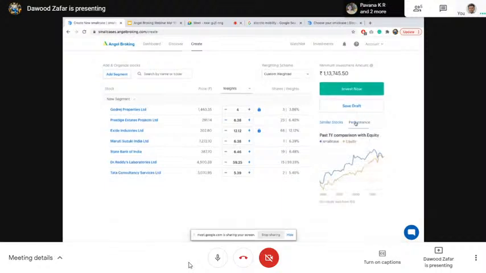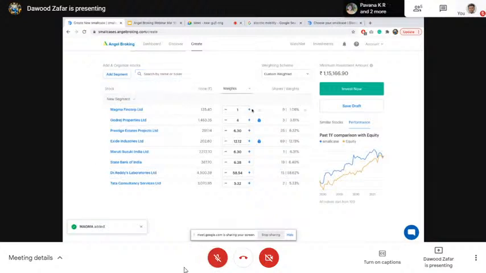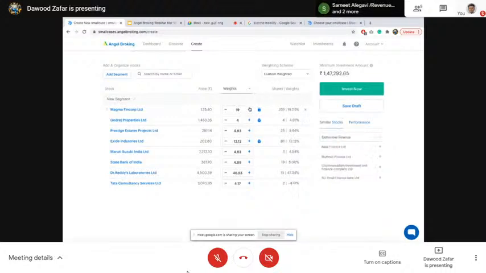Now I just want to see if I invested in 2020, what would have been the performance. So apart from this, I forgot to add one more favorite stock. So let me just increase the quantity of this because it looks good to me.